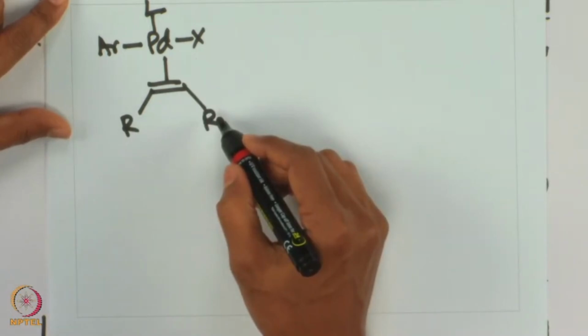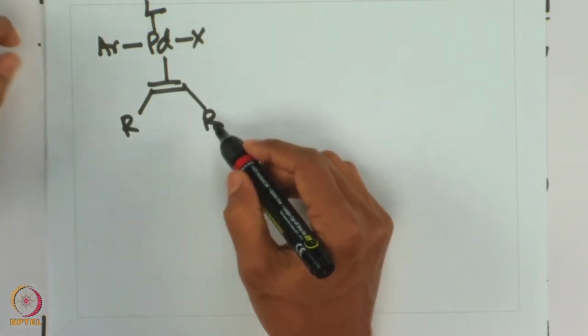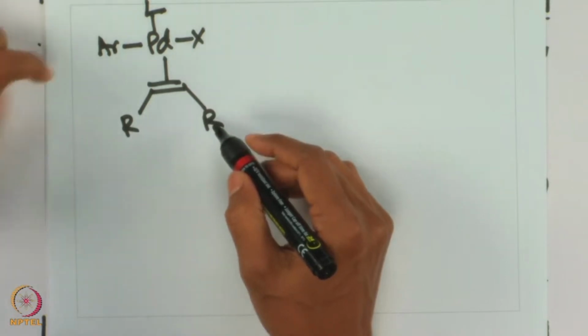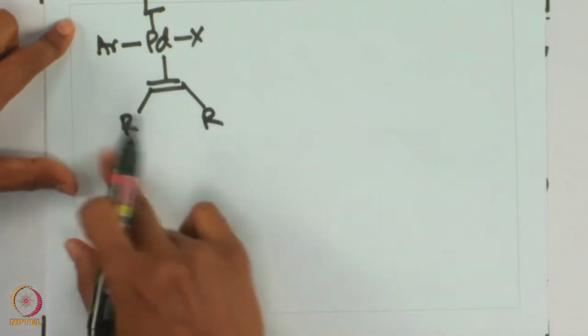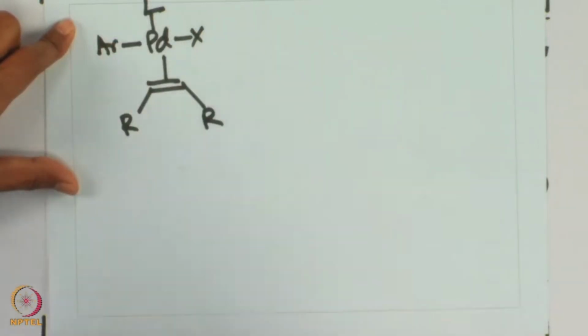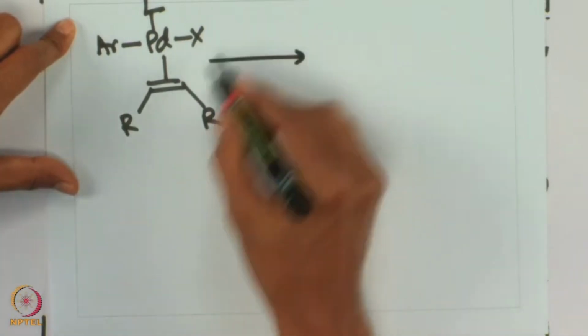So, acyclic disubstituted olefins, well, not that many examples are known, and sometimes this is an excellent means to prepare the stereo defined tri-substituted olefin. As you can see, this is a disubstituted olefin. From disubstituted olefin you are going to incorporate an aryl group, but this is going to be an exciting way to look at the stereochemistry.